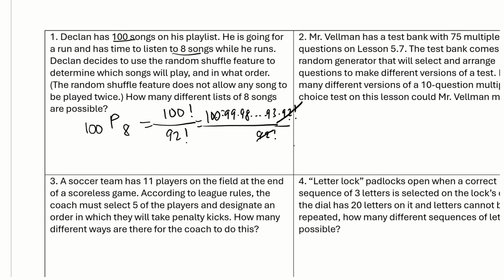So we have 100 times 99 times 98 all the way to 93. And again, using the permutation function on Desmos or whatever calculator you have, it's 7.5 times 10 to the 15th power lists of songs.